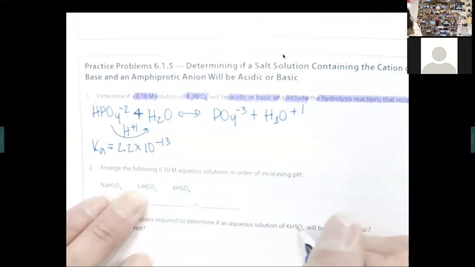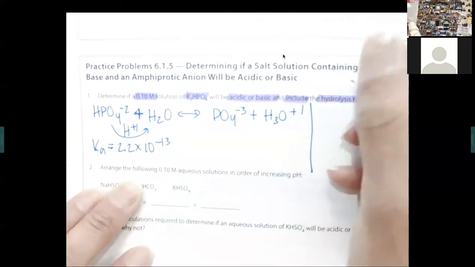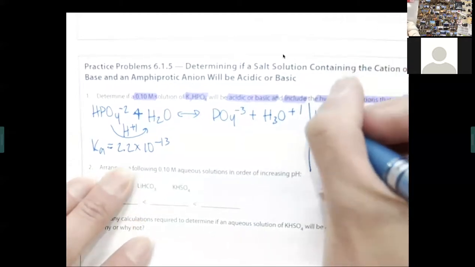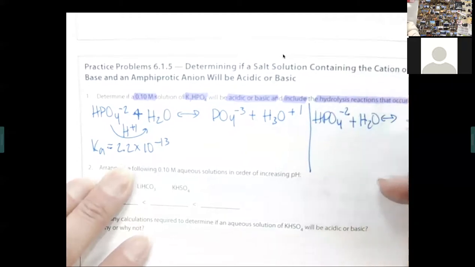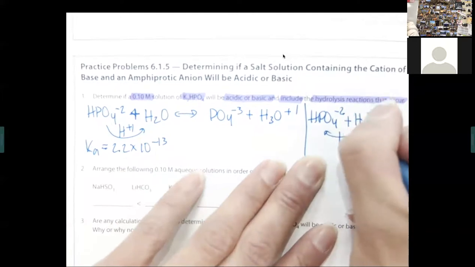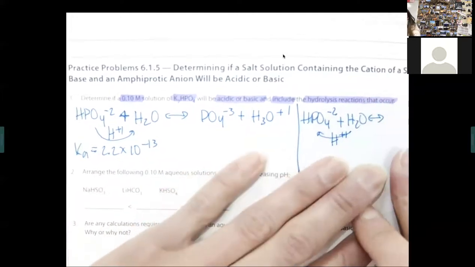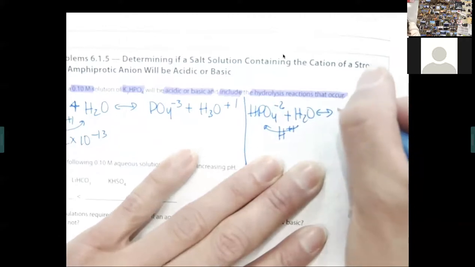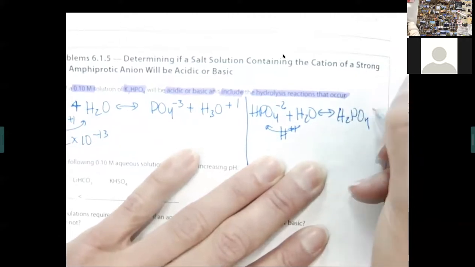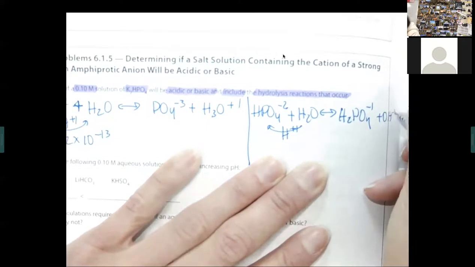Okay, then we've also got HPO4 negative 2 plus water, and you could have hydrogen being given to it, which means this would end up being H2PO4 -1 plus a hydroxide.